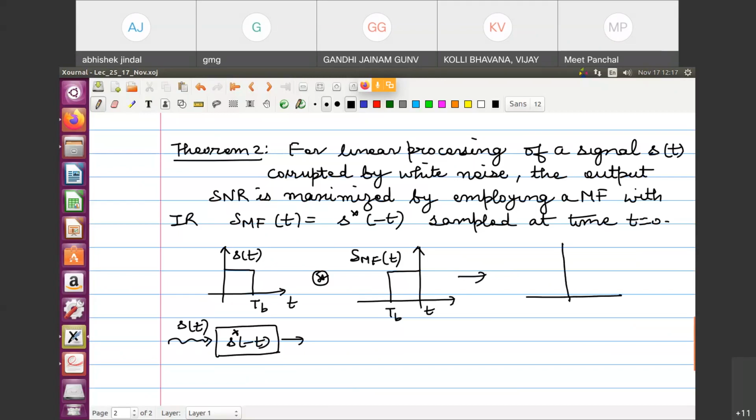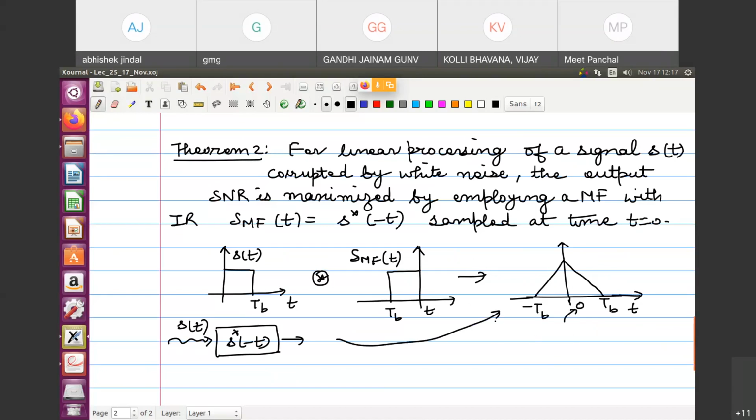If you remember the convolution of two rectangular functions, at 0 the value is maximum, and at minus T_b and T_b it is 0. But the value you will take will be at t equal to 0.